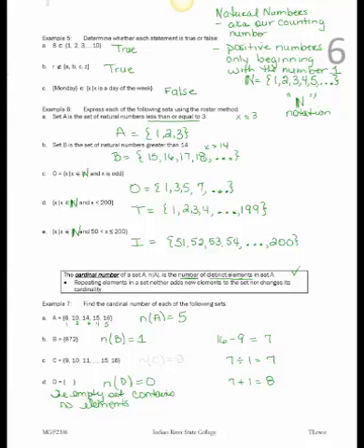So the number of distinct elements we have, for example C, is 8. So the cardinal number of set C equals 8.